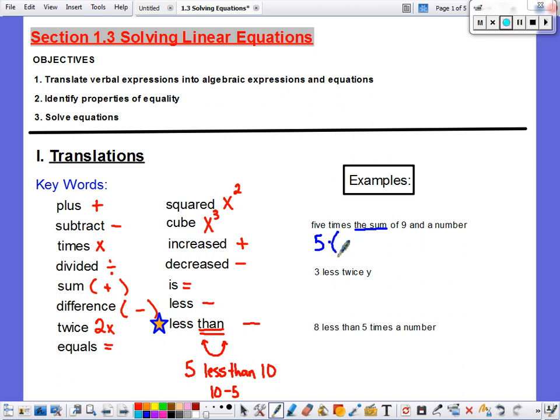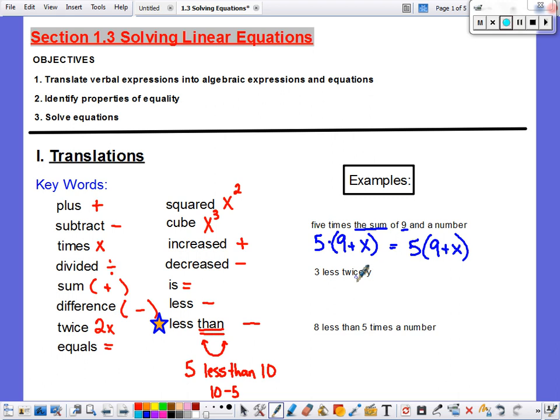The sum. So we're multiplying it times a bubble. A bubble of what? That's going to tell us next. So we have 5 times what? The sum of what? Of 9 and a number. And so we have 9 and a number. And a lot of students will write that without the dot in, and that's perfectly fine. It's something like this. And there's your conversion from a verbal expression into an algebraic expression.